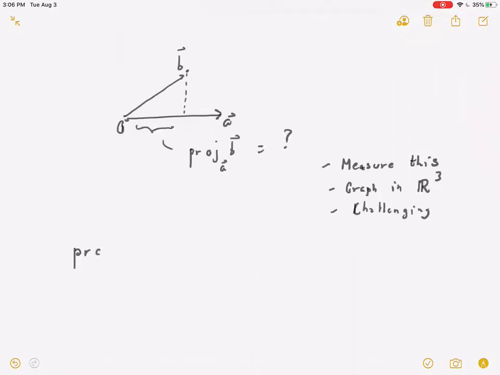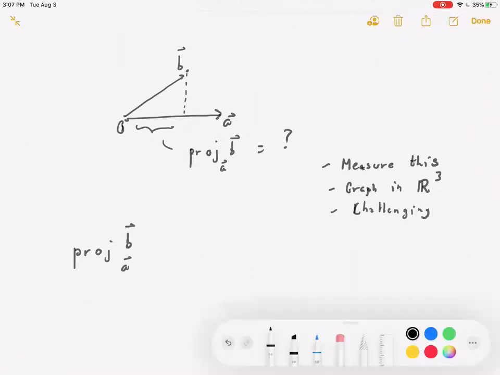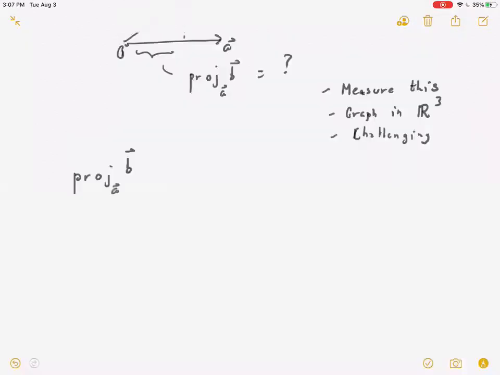What we've discovered is that there's an easier way to solve this problem. The projection of B onto A is going to equal some projection matrix P times your vector B. This thing on the right-hand side is just a matrix.